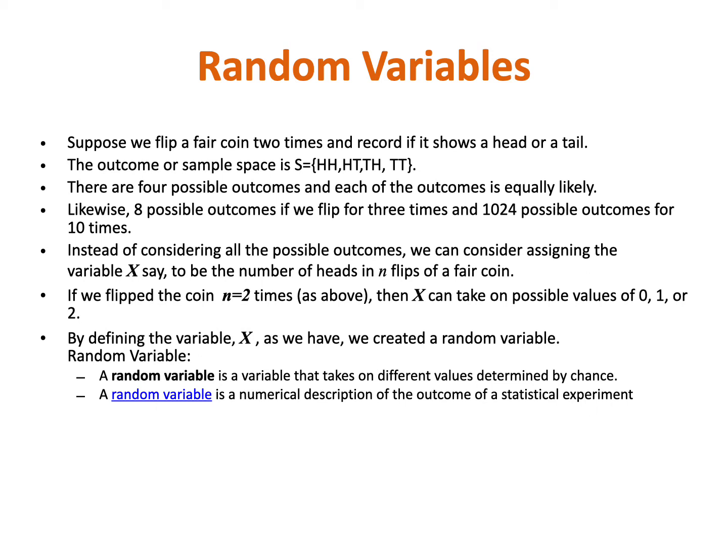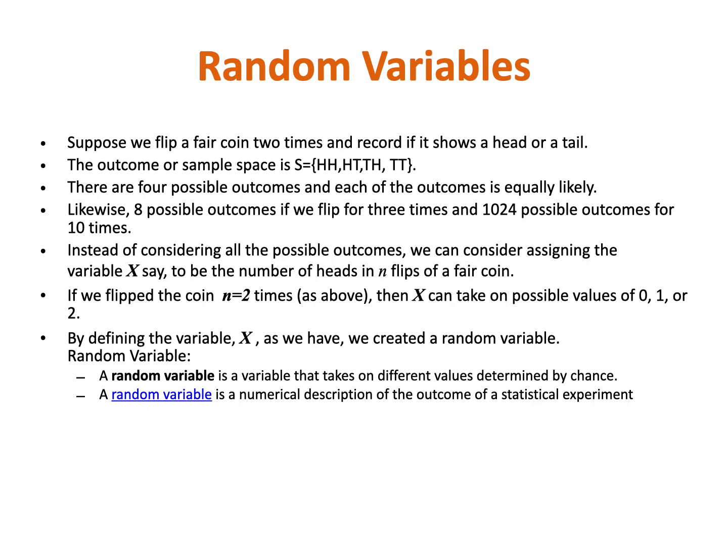So by defining the variable X, we created a random variable. We can say a random variable is a variable that takes different values determined by chance, or it is a numerical description of the outcome of a statistical experiment.